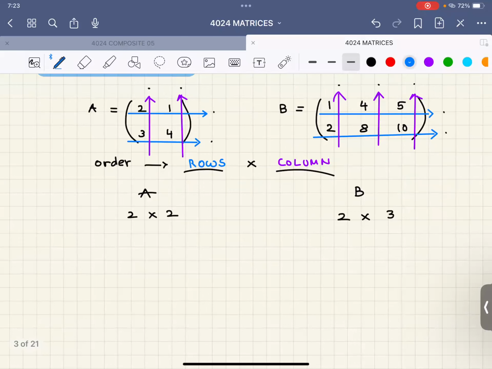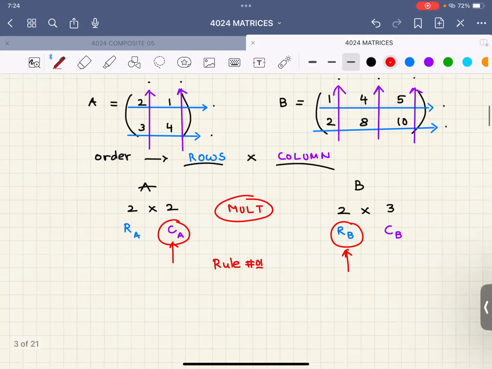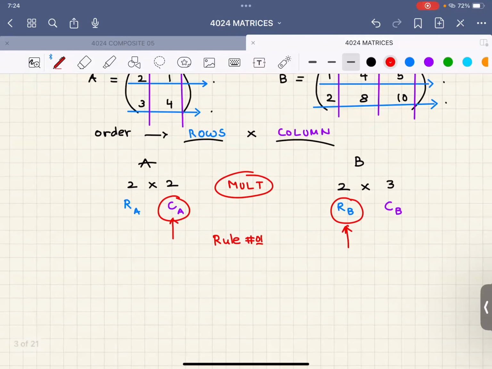So let me write rows of A, this is rows of B, this is columns of A, this is columns of B. Now the rule is, in order for multiplication to take place, rule number 1 is that the columns of matrix A should equal the rows of matrix B. The order matters.